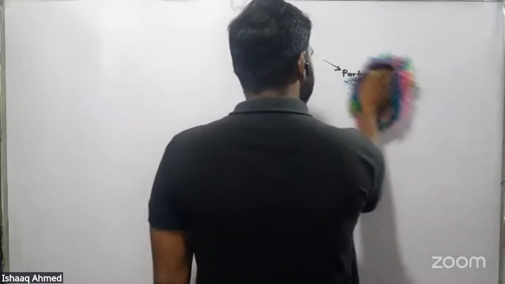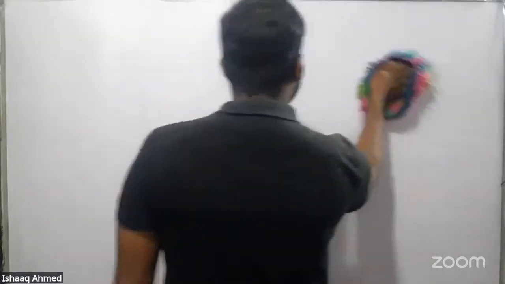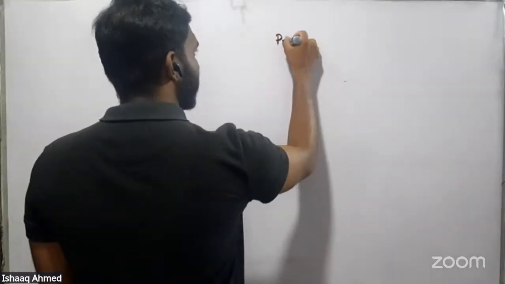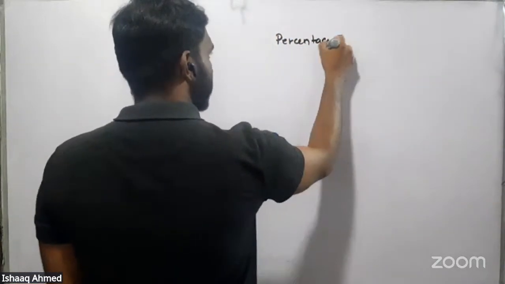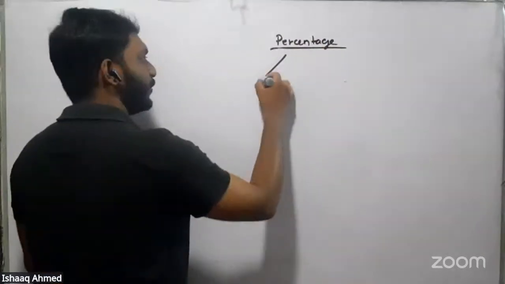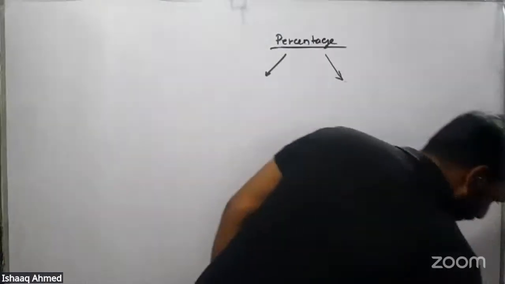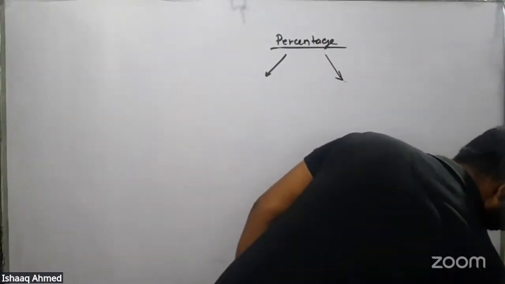So what I will do is choose a question, like for example, percentage, and I will explain the basic theories behind that question, behind the percentage question, and let you attempt the question. Before that, there are two questions in each section.